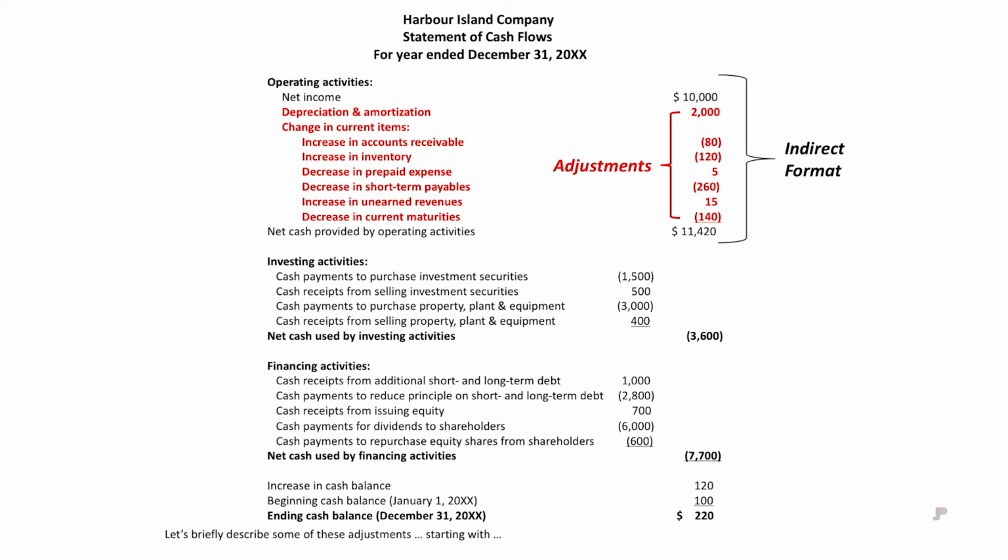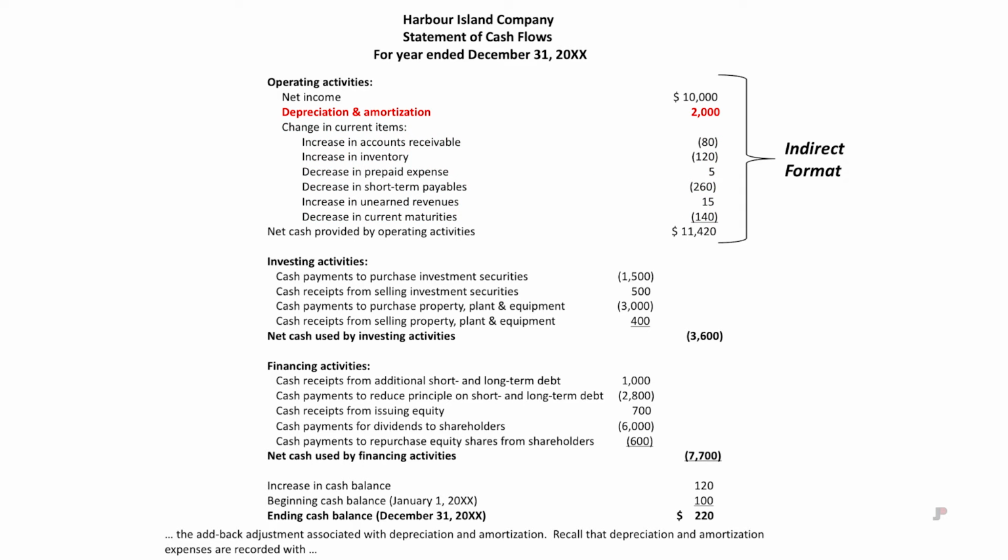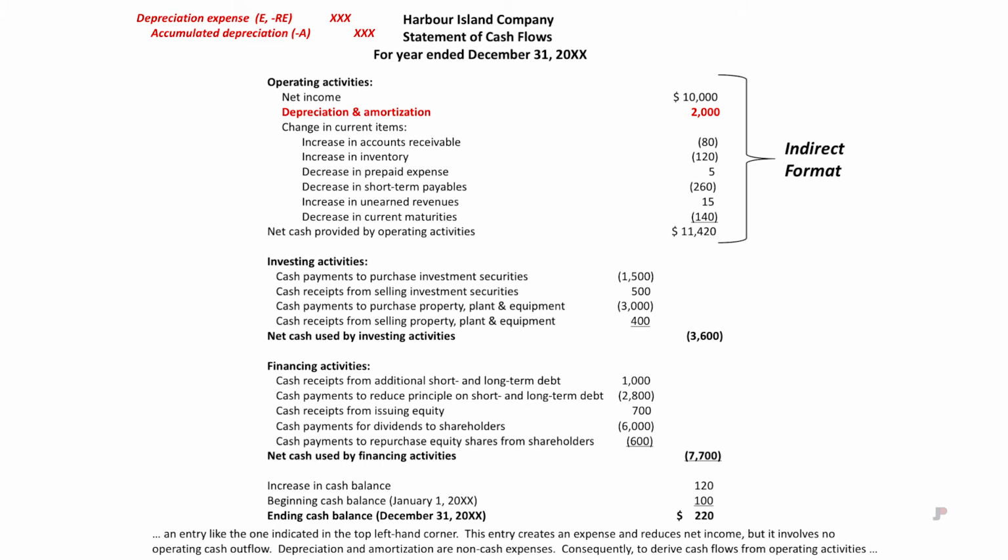Let's briefly describe some of these adjustments, starting with the add-back adjustment associated with depreciation and amortization. Recall that the depreciation and amortization expenses are recorded with an entry like the one indicated in the top left-hand corner. This entry creates an expense and reduces net income, but it involves no operating cash outflow.